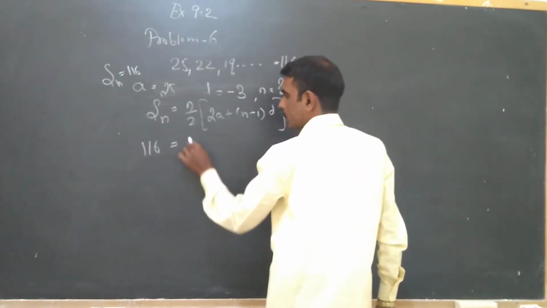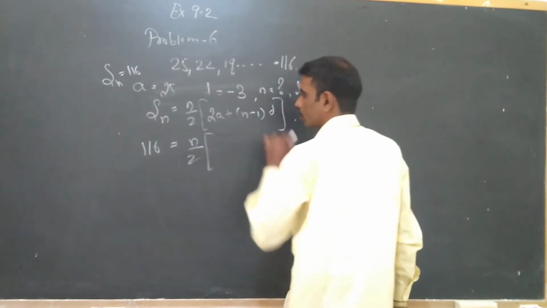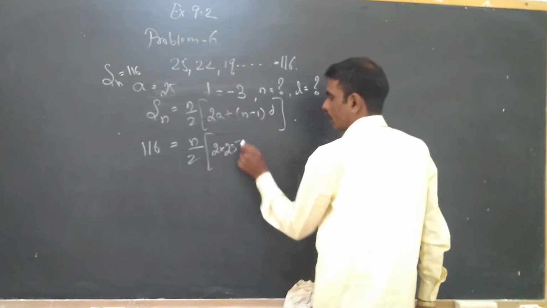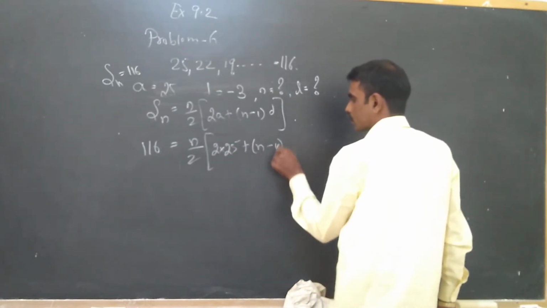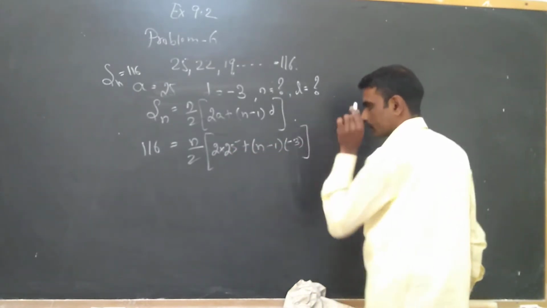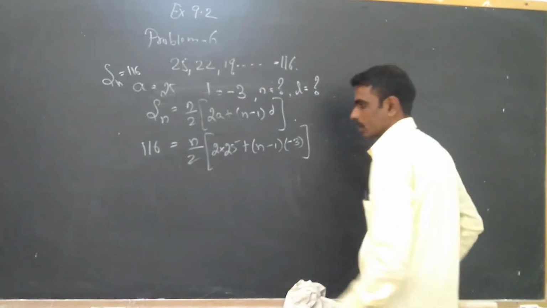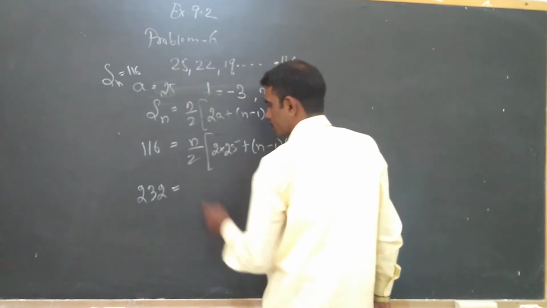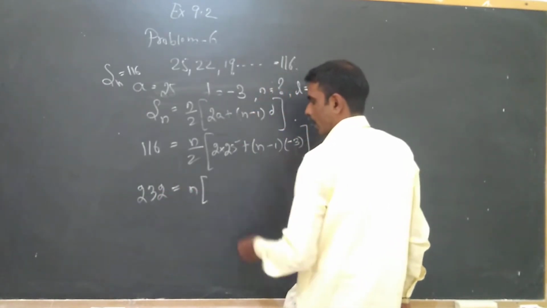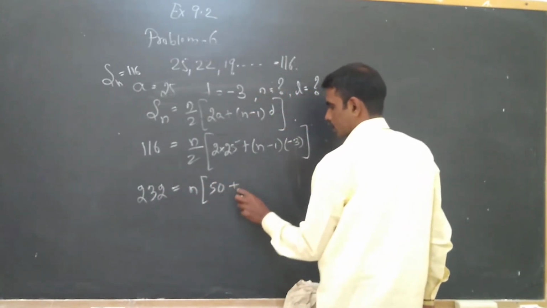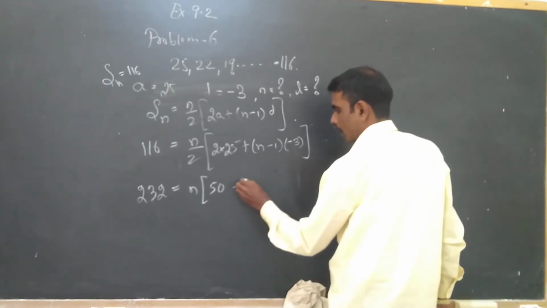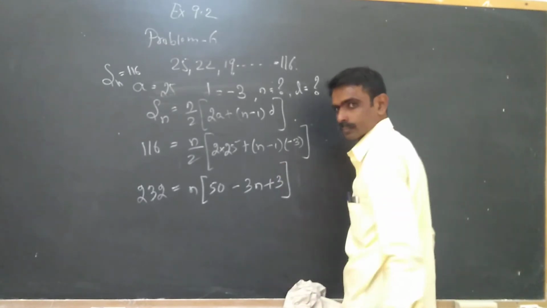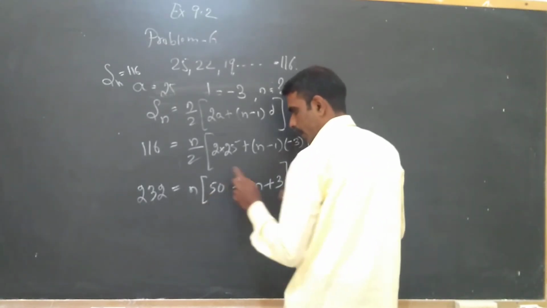So 116 is equal to n by 2 into 2 into 25 plus n minus 1 into minus 3. That I have substituted. So 2 you transfer to the other side. So it is 232 is equal to n into bracket 50 plus, I will make it minus 3n plus 3. Now I will open this bracket.